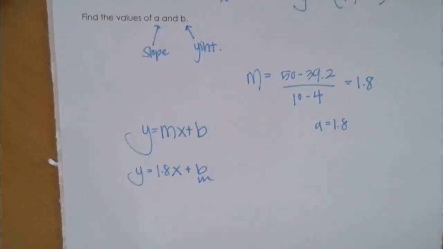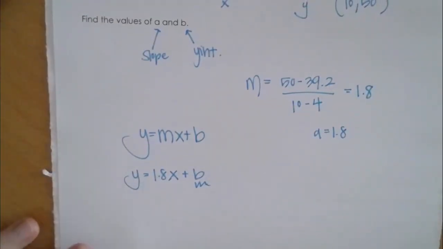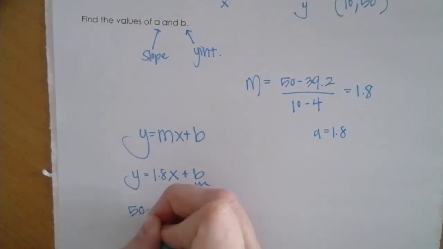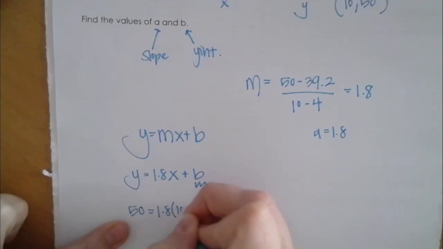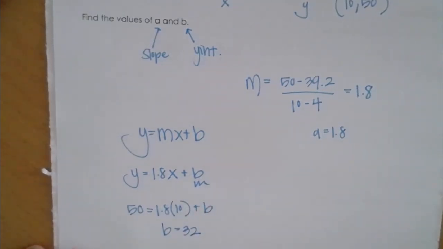So you have to take one of your ordered pairs, whichever one you like best, and substitute them for x and y. So 10 is our x and 50 is our y. So 50 for y, 1.8 times 10 plus b, and then you could go to the solver, or you could actually solve this, and you get b equals 32. So A and B are found.